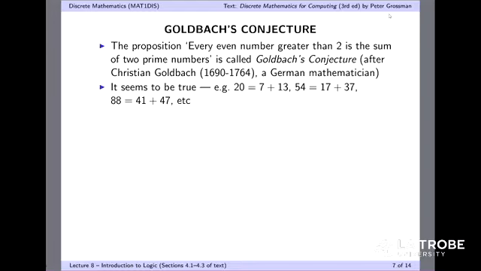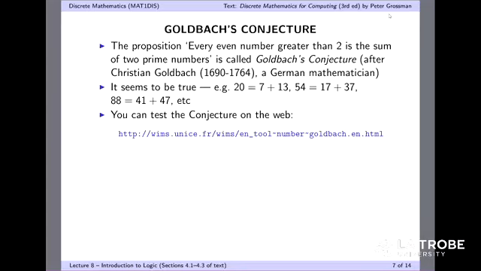So we don't know the answer. He actually proposed that every number greater than 2 can be written as a sum of 3 primes or a sum of 2 primes. Harald Helfgott proved 4 or 5 years ago that you can write any number as a sum of 3 primes. But the sum of 2 primes is still an open question.